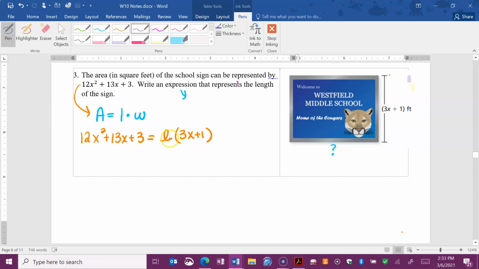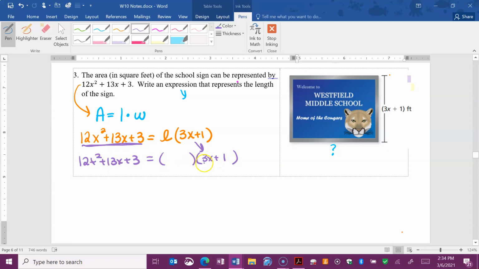What if I just factor this, there's no greatest common factor. Wouldn't we have something times something? And aren't we given one of those already? So here's my question. If we're given those already, we want this times this to be this.